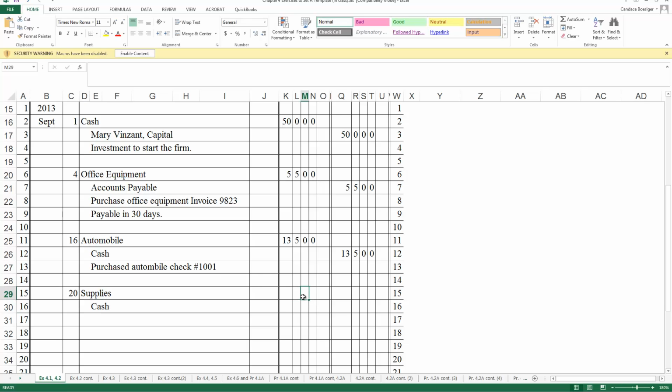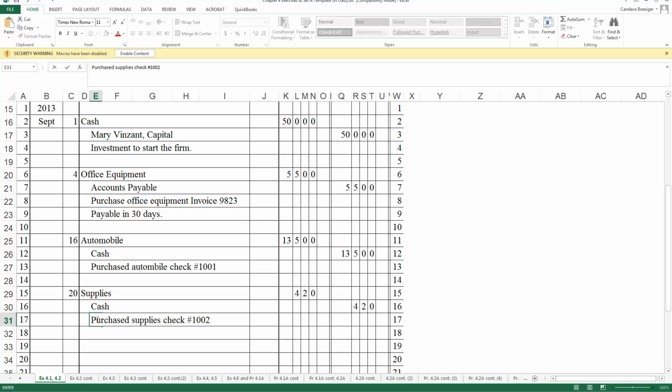So our supplies are going to go up by $420, and our cash is going to go down by $420. And this is purchased supplies, check number 1002.